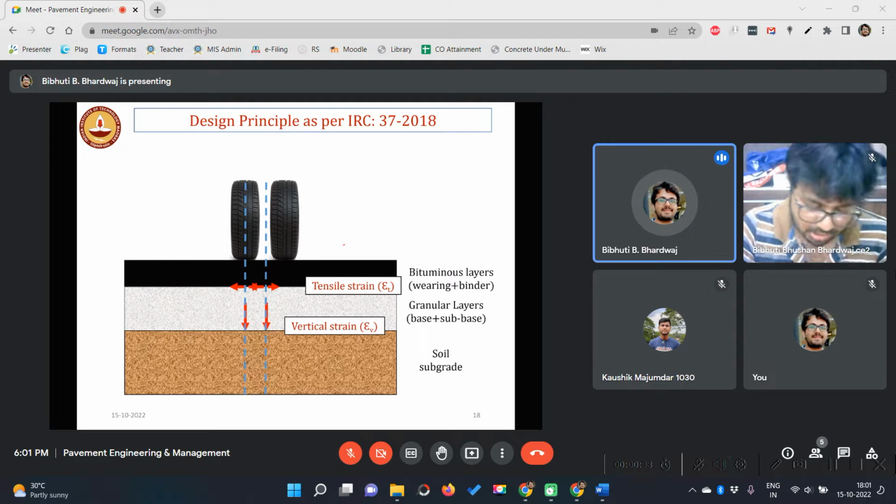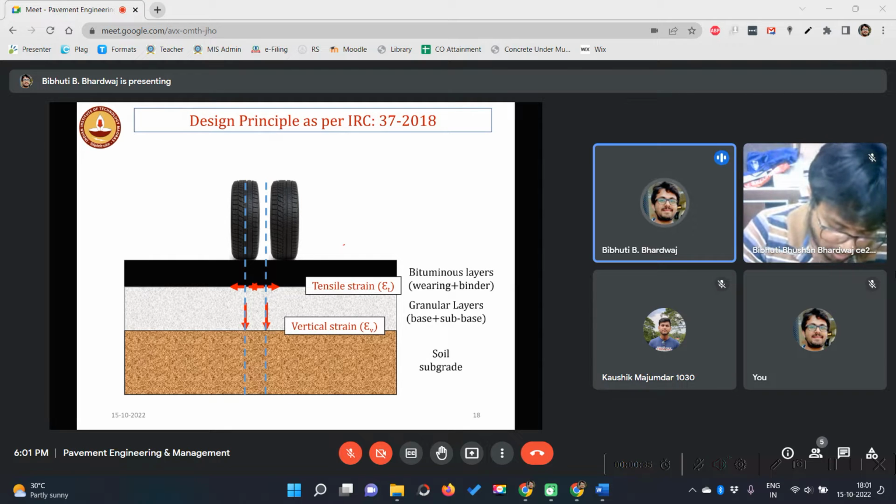Okay. So, in the class previous to our last class, we discussed extensively why these points are critical in terms of the fatigue and in terms of rutting.